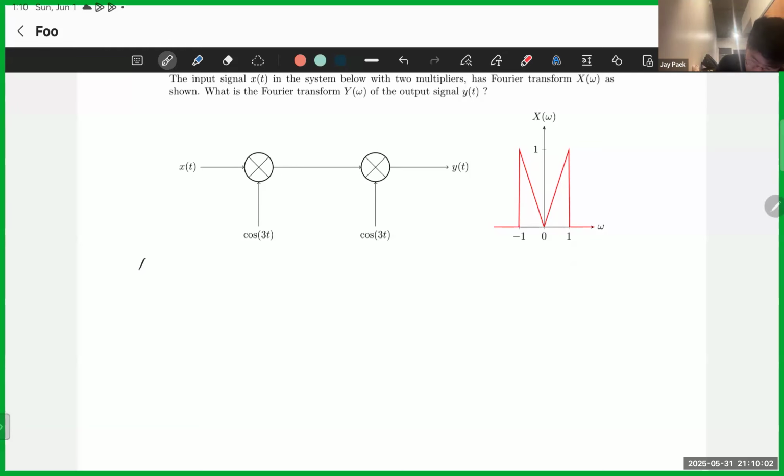Essentially, the Fourier transform of this, X of omega, is equal to something convolved with a bunch of delta functions.